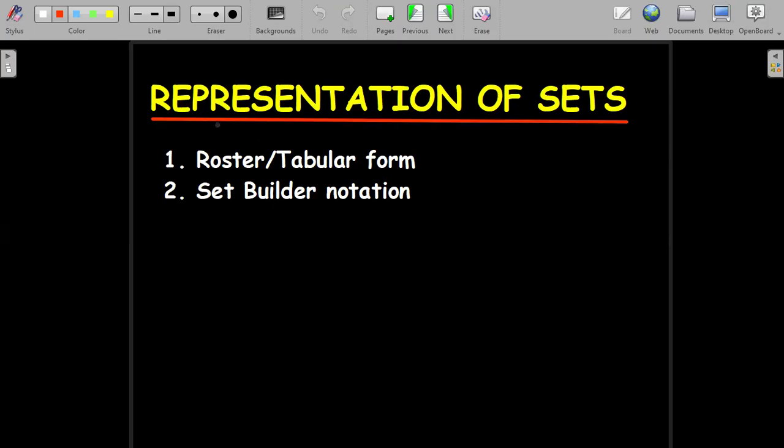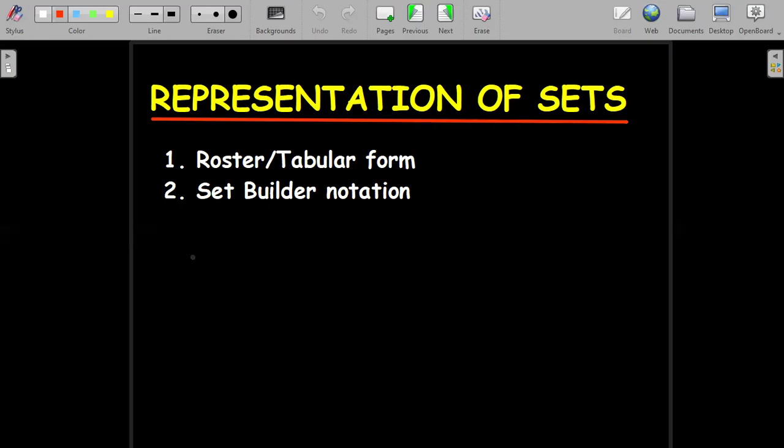We have this part here where we're going to look at the representation of sets. As we are dealing with sets, we can represent sets either in roster or tabular form or in set builder notation.